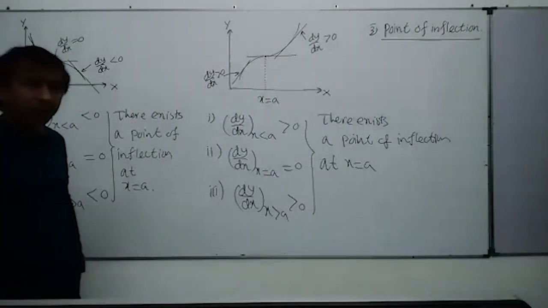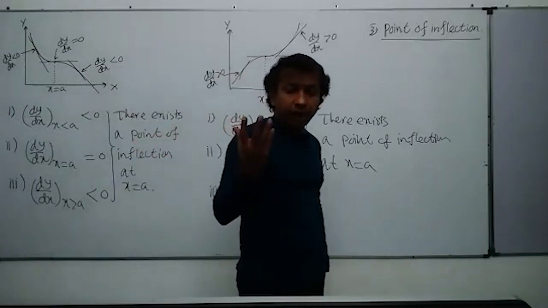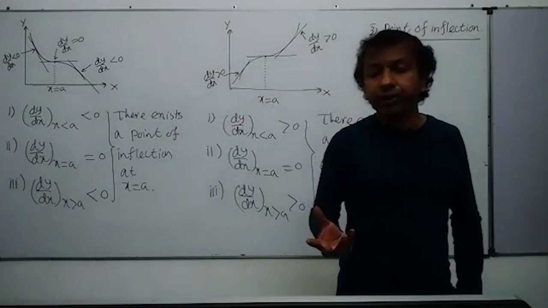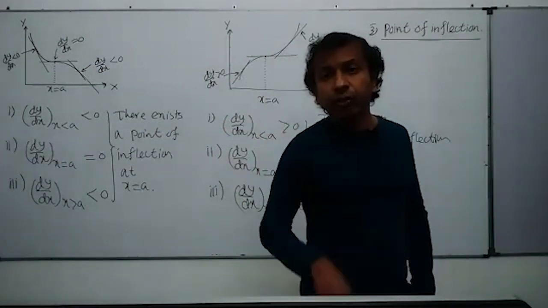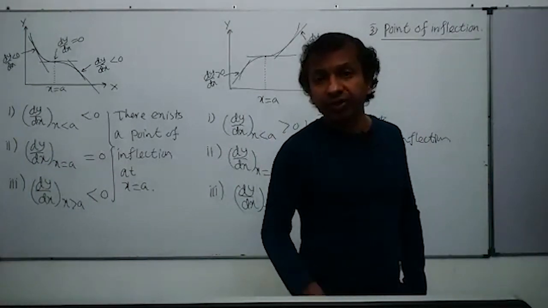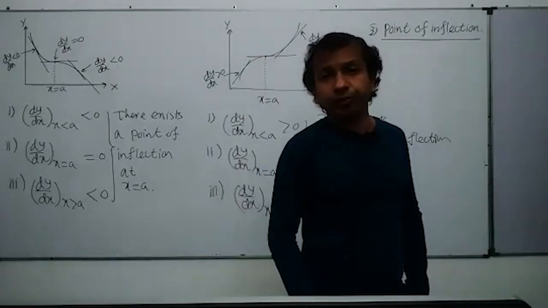Then, given an equation of a curve, asking you to find the stationary points or the turning points with their nature. Nature means, people, whether it is a maxima or minima or point of inflection.